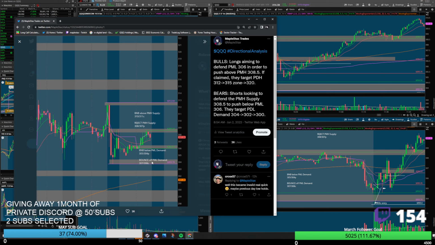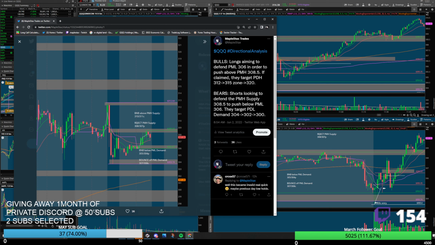We know how supply and demand works. Well, this was the cluster I wanted to hold, this pre-market low. And if this was going to fail, we should see the interaction with the previous day low demand. So with the previous day low demand, that was the target that ended up being held, but we did have targets if they were able to break through the pre-market high here of 308.5.